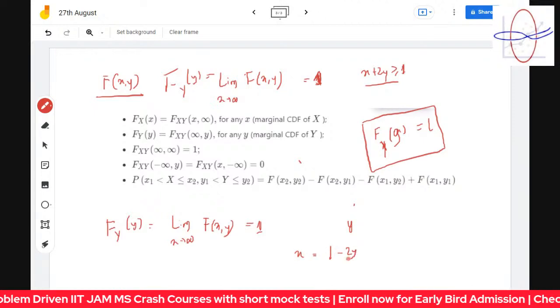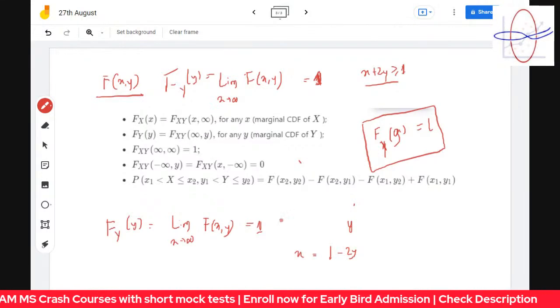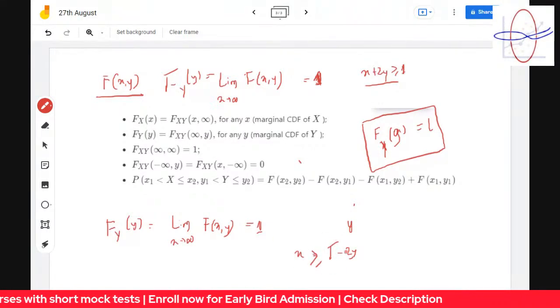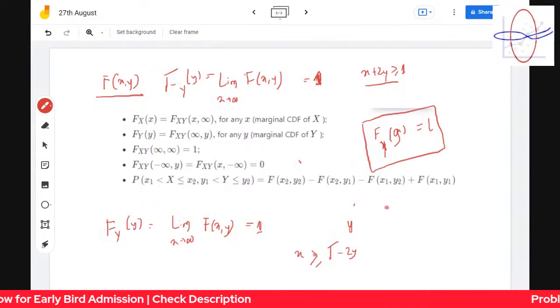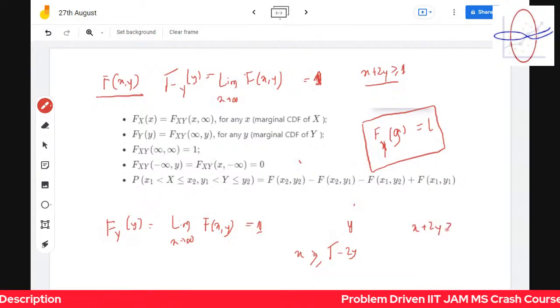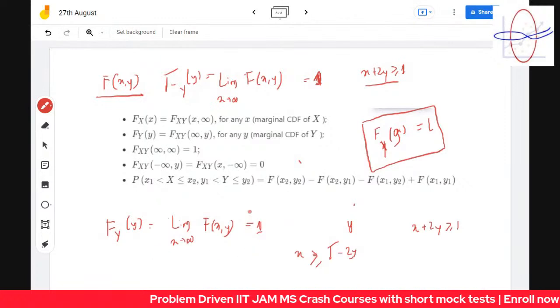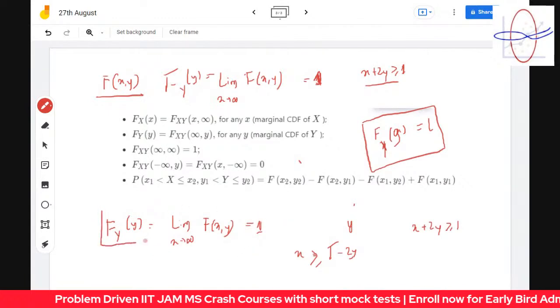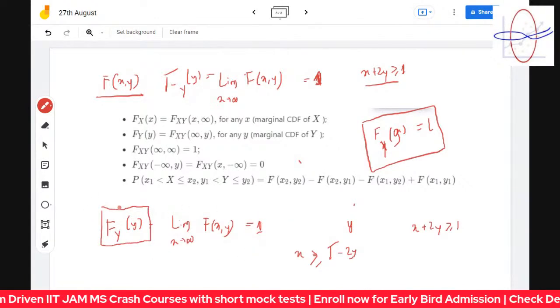You take any x greater than or equal to 1 minus 2y, and then F of x comma y is equal to 1, because F of x comma y is equal to 1 if x plus 2y is greater than or equal to 1. Therefore the limit as x tends to infinity is 1, which means the marginal CDF of y is equal to 1 for all y.